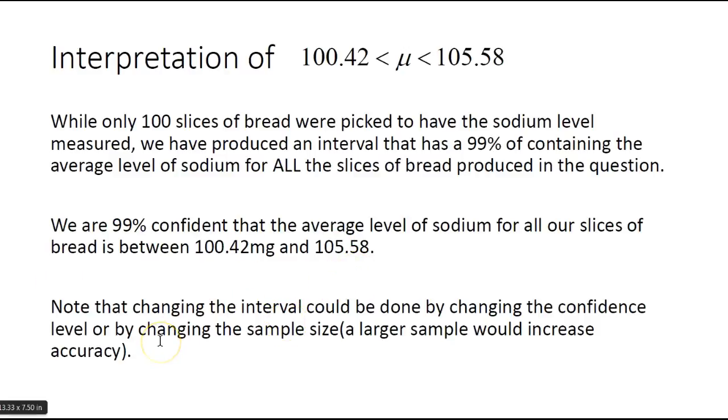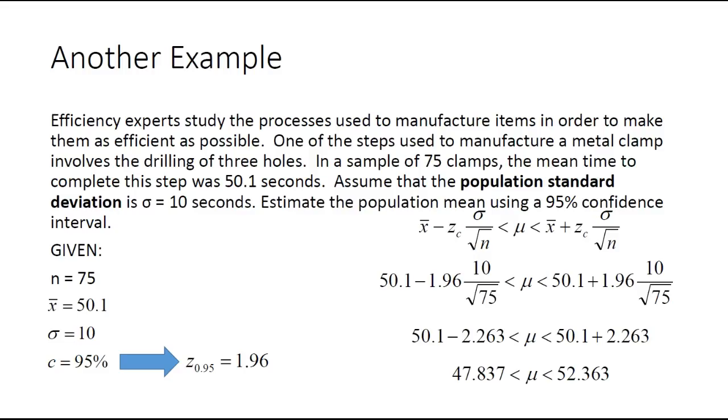But if you want to change the confidence level, you could. That means if you change this confidence level to something less than 99%, you would have a smaller interval, but you could actually miss the real population mean. Two things that can give you a better estimate would be a larger confidence level and a larger sample size. Remember, sample size, the larger it is, the more accurate you would be.